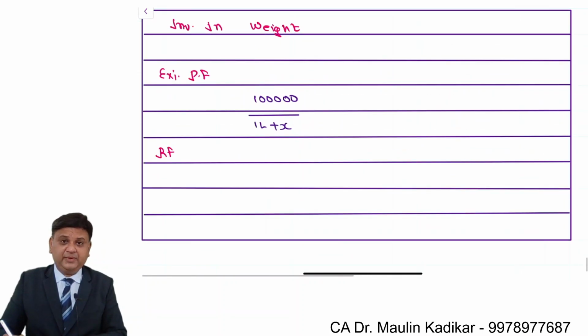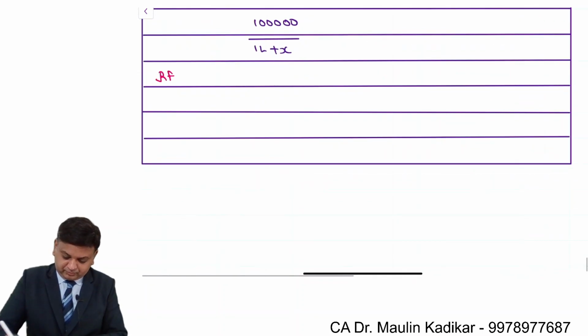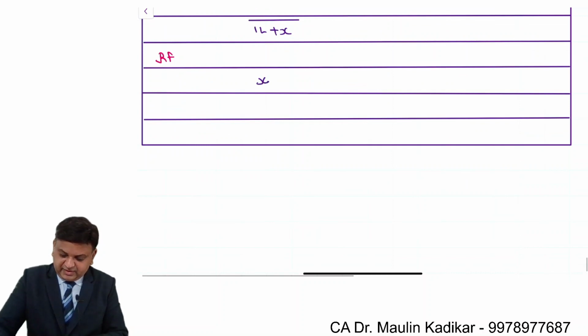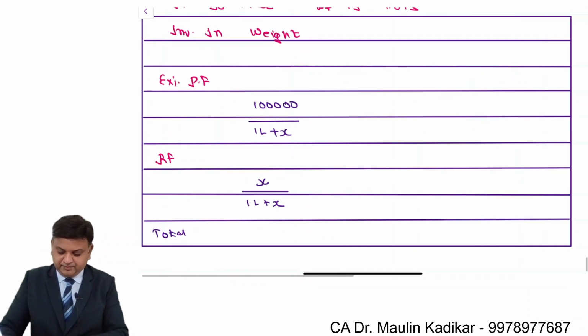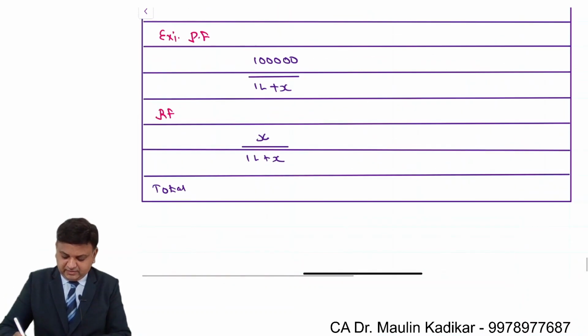In that case, it is X divided by, again, 1 lakh plus X. This is the way we can compute the total. And the total is of course 1.